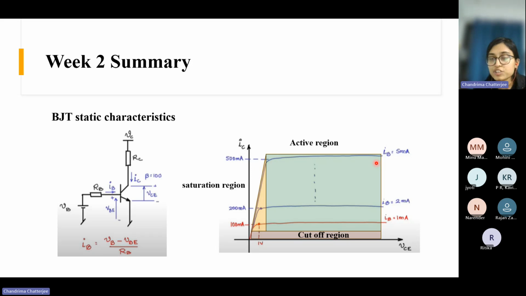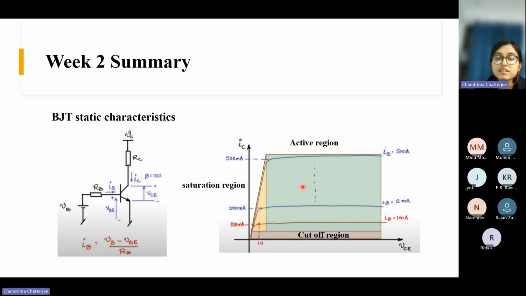And in this portion where the current has become almost constant, almost horizontal to the x-axis, this region is the active region or linear region, where the relationship is valid that IC is equal to beta times IB. Right. So that relation is valid in active region.